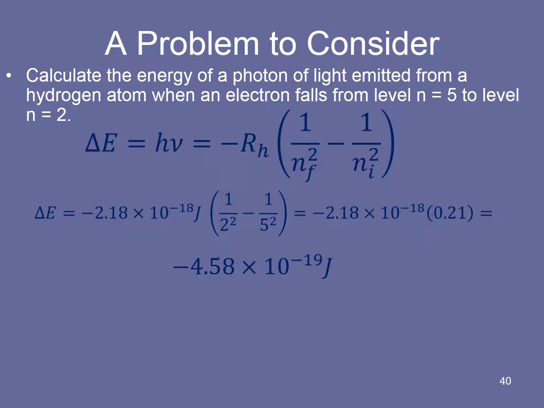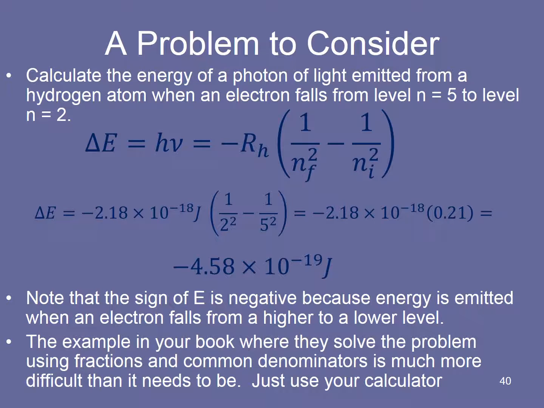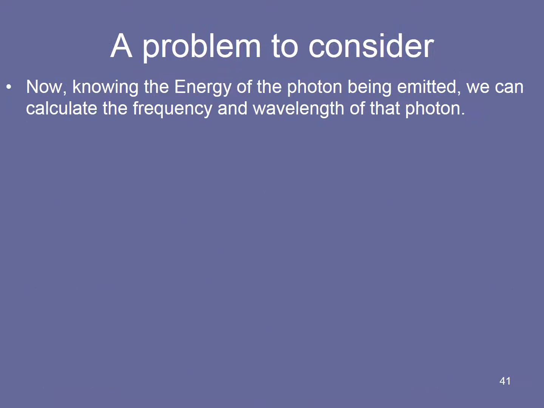So that's how much energy is released when an electron goes from n equals 5 down to n equals 2. It's negative because we're going from a higher level to a lower level. If the energy were to be absorbed, it would be a positive number. Like I said, just solve it with a calculator. I think your book makes it more difficult than it has to be.